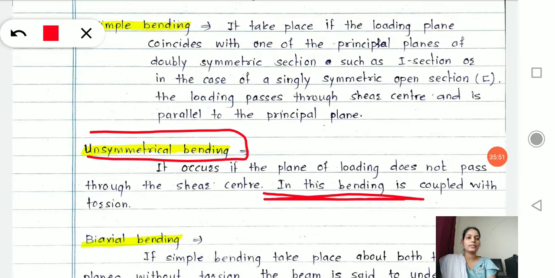If the load is passing through the shear center, then no issue, simple bending will take place. But if the loading is not passing through the shear center, then it is called unsymmetrical bending. It is coupled with what? Bending will be coupled with torsion.